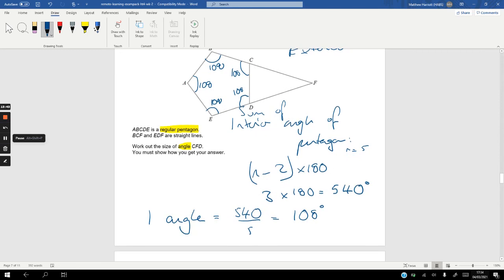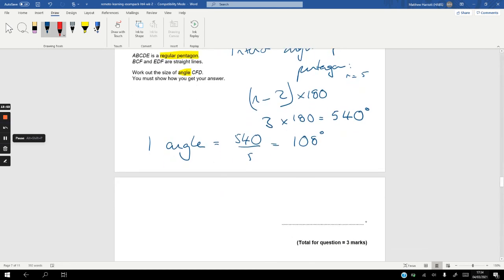Now, the next logical step is to try and find one of these. We should see that they're both going to be the same, and how I'm going to do that is, right, if each of those is 108, I can do 180 degrees minus 108 degrees. I get 72 degrees, and that's that red angle. And I can say angles on a straight line sum to 180 degrees.